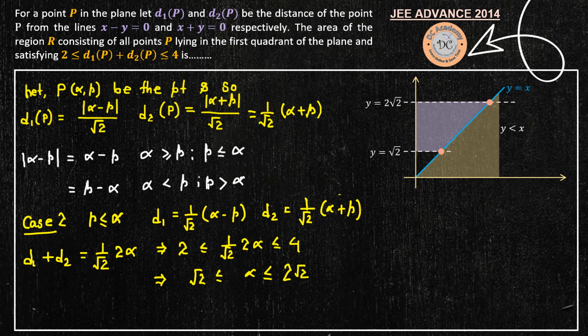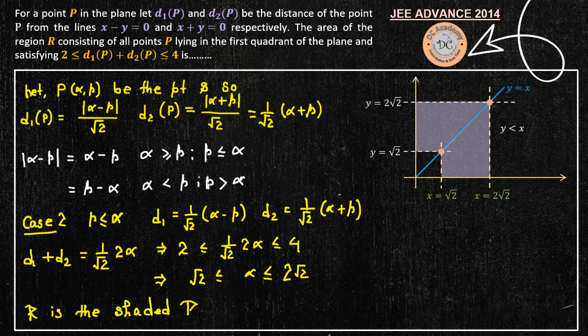So alpha lies between the two vertical lines x equal to root 2 and x equal to 2 root 2. If I shade the region, these are the shaded regions and they represent the required area R. So R is the shaded region.